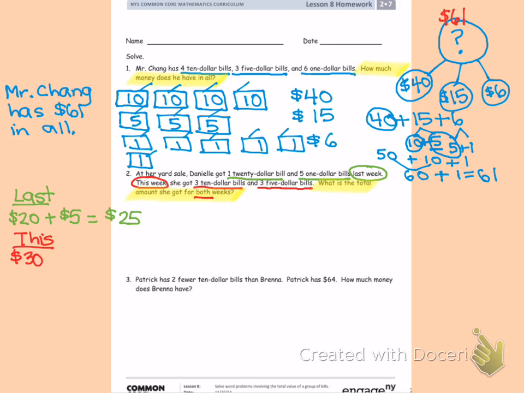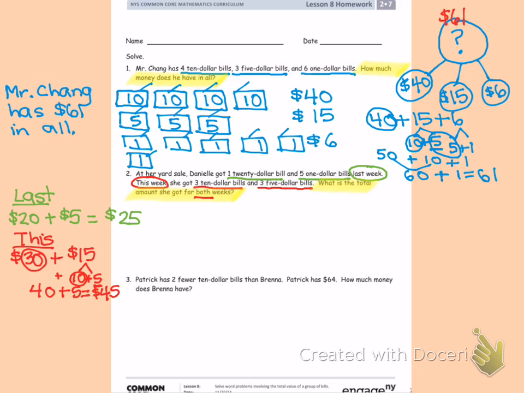That's 5, 10, 15. $15. If I pull out the 10, I have 30 plus this 10, that makes 40, plus the 5, and that equals $45.